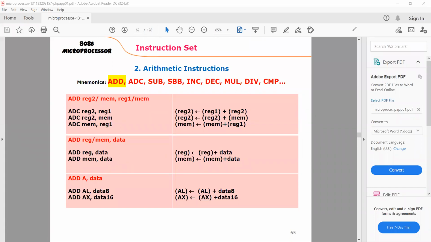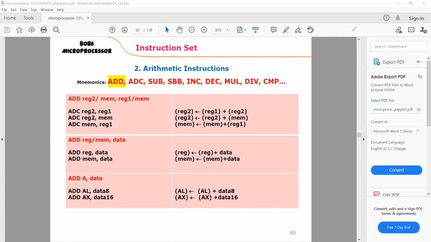These are the operations that we have been doing from childhood, right? In this category, we will see how those instructions are framed, and what different operations occur during these arithmetic operations.